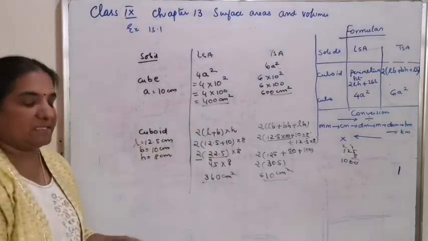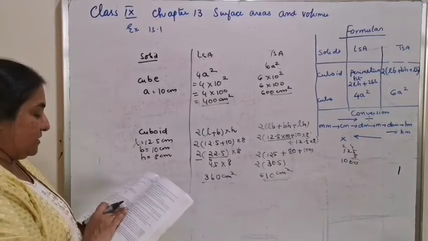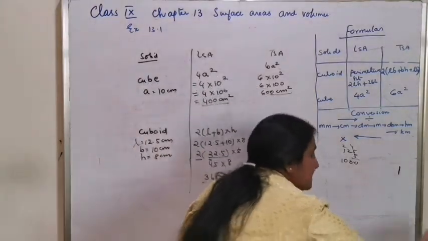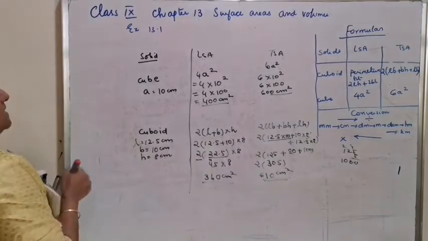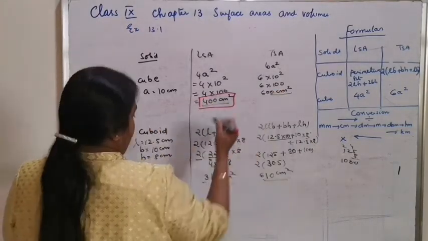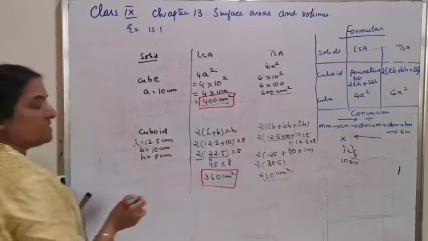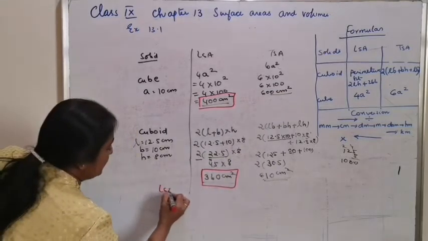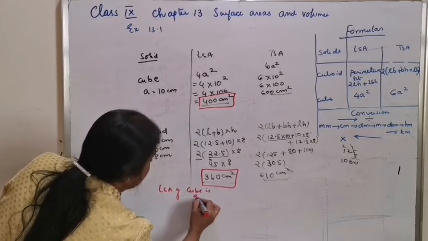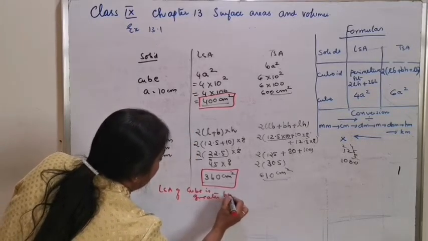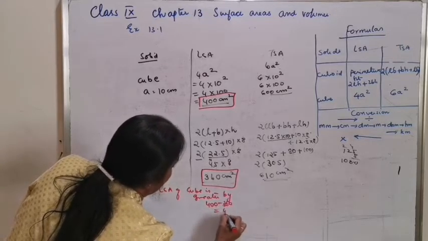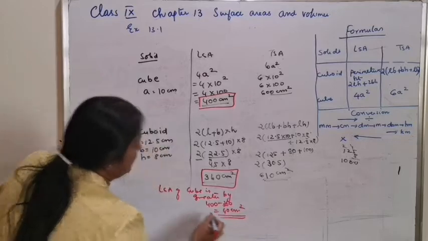Now compare which has greater area. The first question is which has greater lateral surface area. LSA of a cube is 400, LSA of the cuboid is 360. So which is the greater? LSA of cube is greater by 400 minus 360, which is equal to 40 centimeter square.